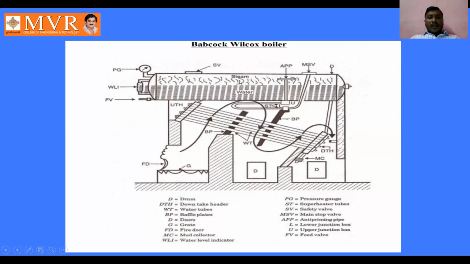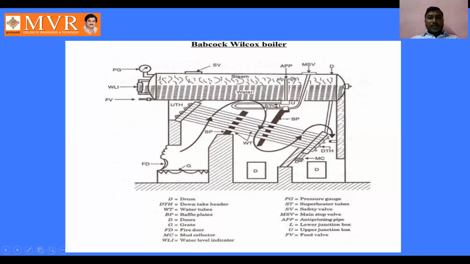After the steam has entered here, it enters the anti-priming pipe. In the anti-priming pipe, the moisture content in the steam is removed, and the steam then enters the superheater, where it is converted into superheated steam.